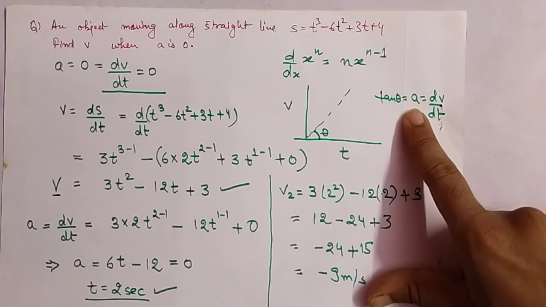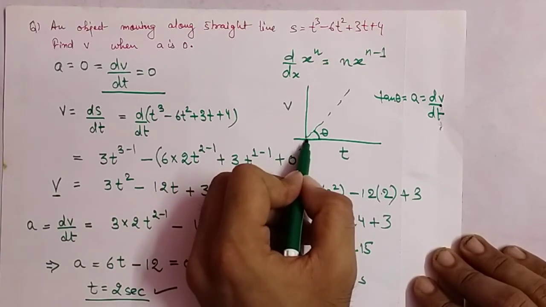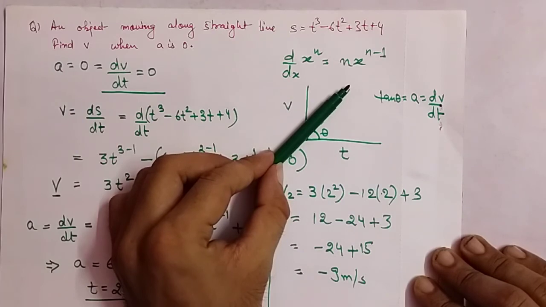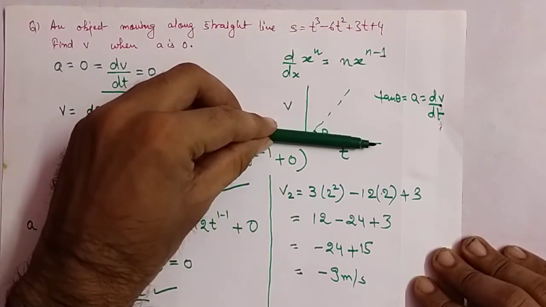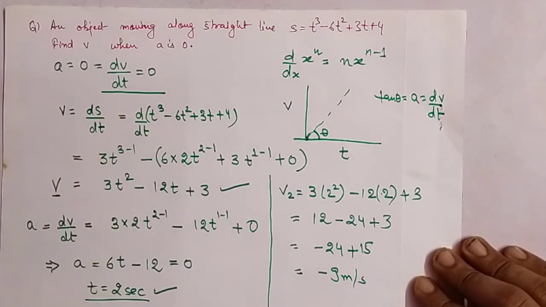Now let us assume what happens if acceleration becomes 0. If I reduce this theta finally to 0, what happens? At theta equal to 0, your acceleration becomes 0.